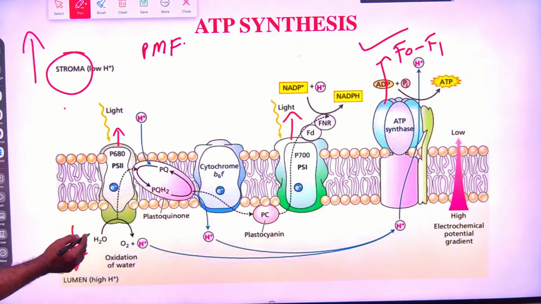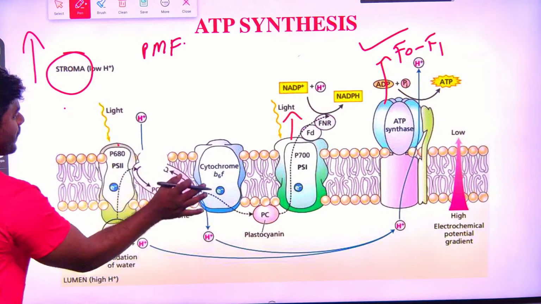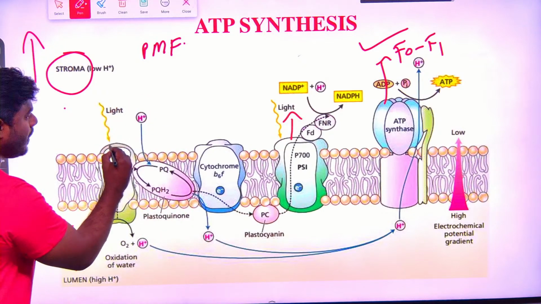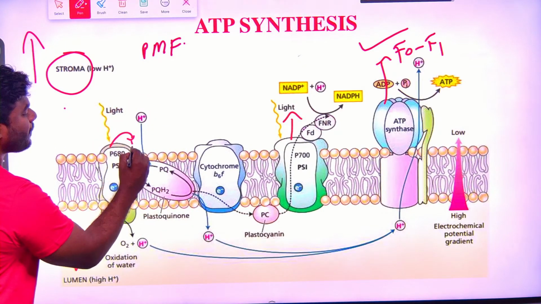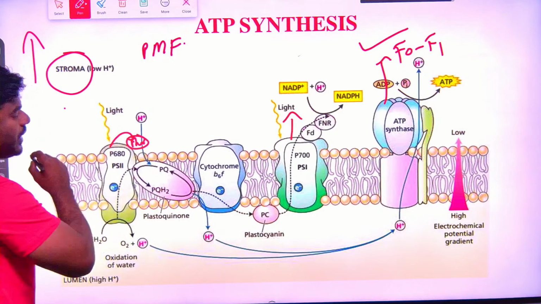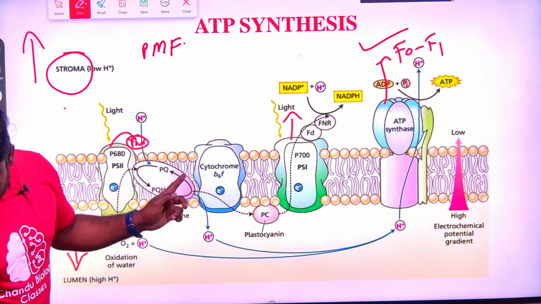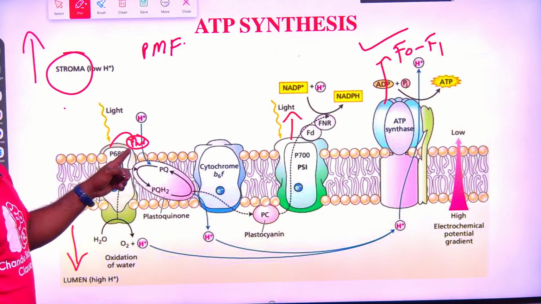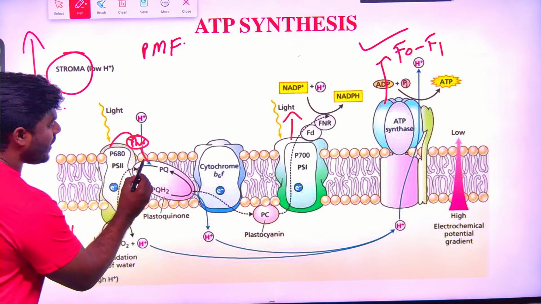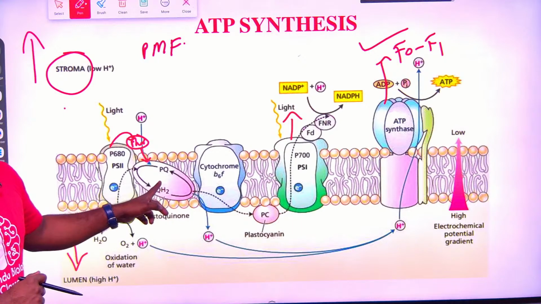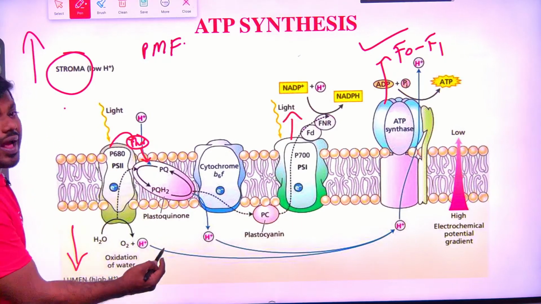Now try to understand the concept correctly. From the P680, who is the first electron acceptor? Pheophytin, undoubtedly. From the pheophytin, the electron moves to where? Plastoquinone.